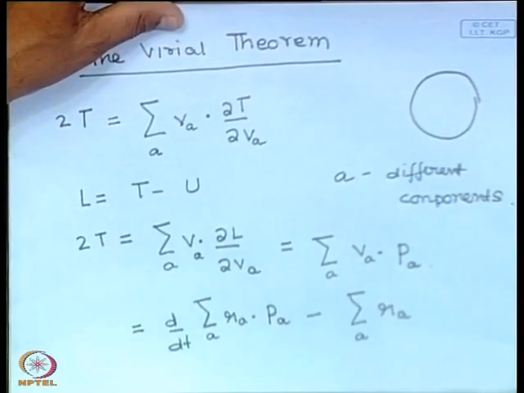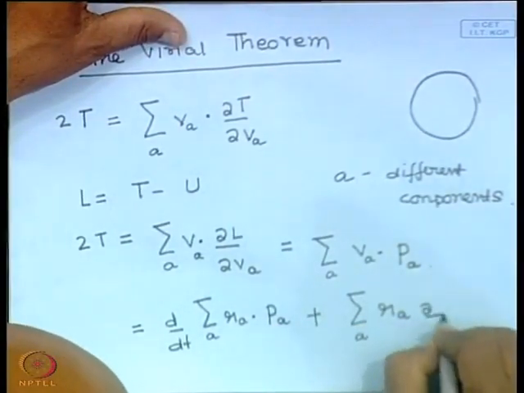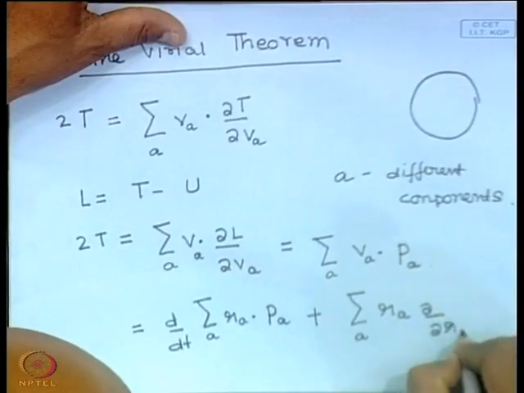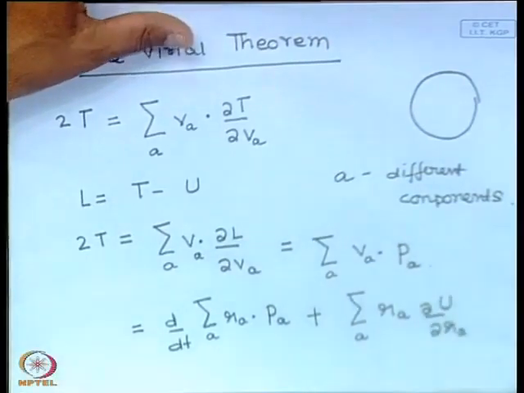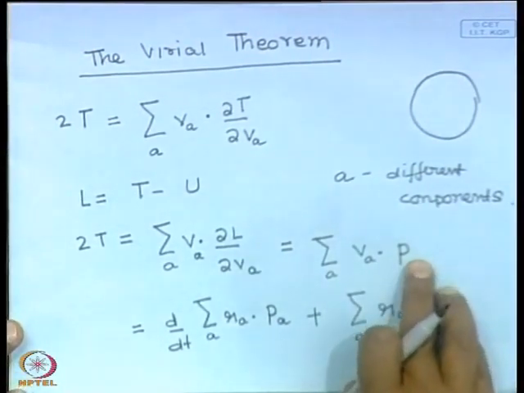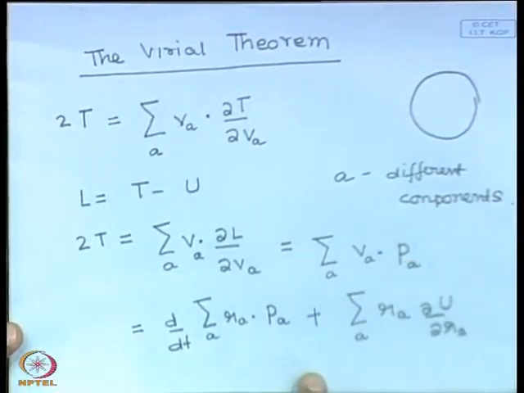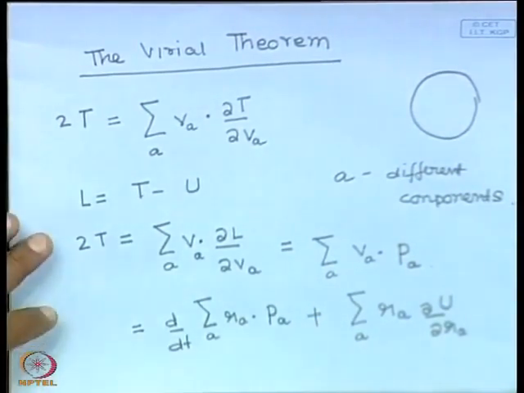So this term can essentially be written as plus r_A dot del u by del r_A. That is just the force: p dot is the rate of change of momentum, which is the force, minus the gradient of the potential. There are two minus signs which give you a plus sign. Okay, so this is the result.